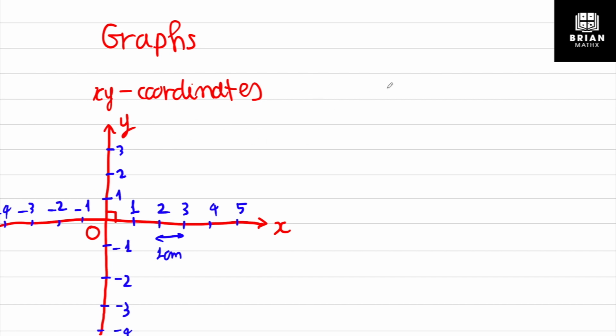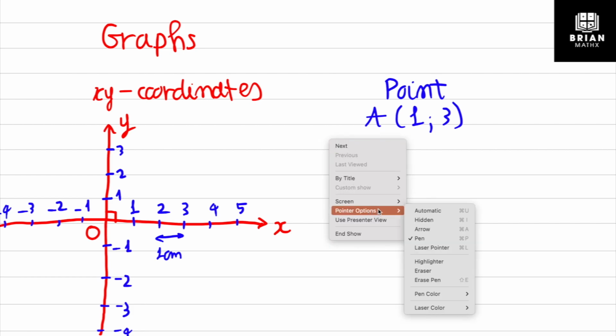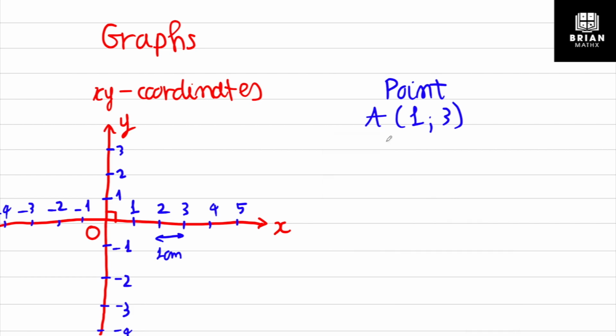And in this video, I want to introduce you to the point. For example, point A is (1, 3). So what does it mean, 1 and 3? The number 1 tells you the x coordinate, and the number 3 tells you the y coordinate.